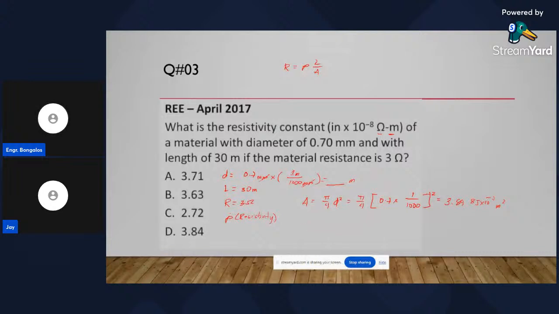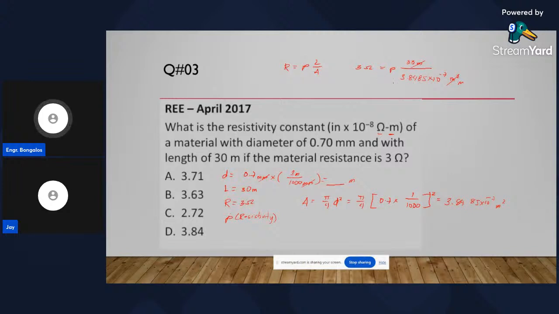Then apply na natin. 'Di ba? Yung R natin is 3 ohms. Then yung rho natin, yun yung hinahanap. Then yung length natin is 30 meters over 3.8485 times 10 raised to negative 7 meter squared. So may maka-cancel dito na isang meter. So matitira na lang meter.